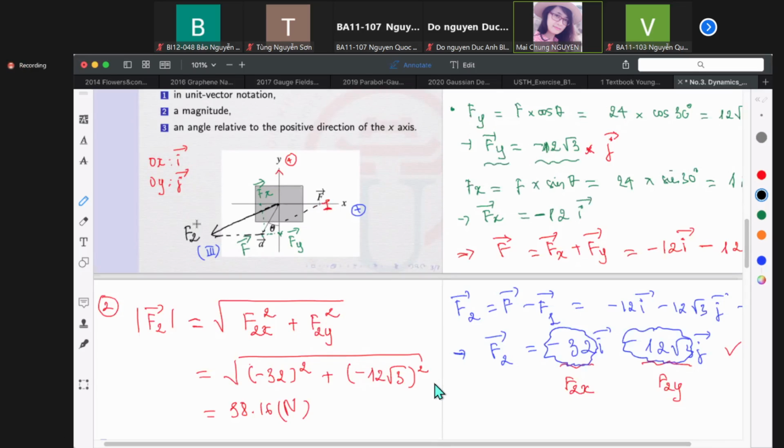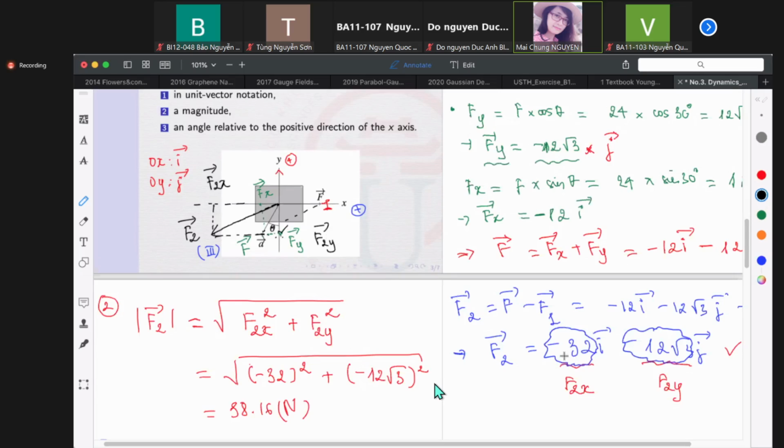If we consider F2 staying here, that means we have F2x on the OX with the negative direction and F2y also in the negative direction.